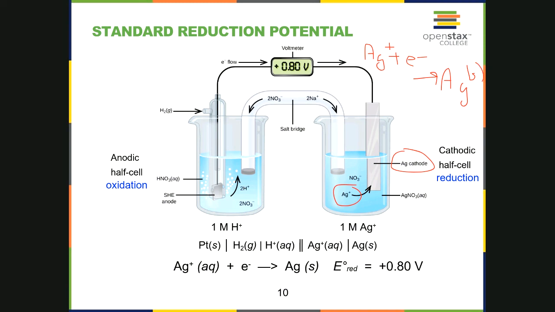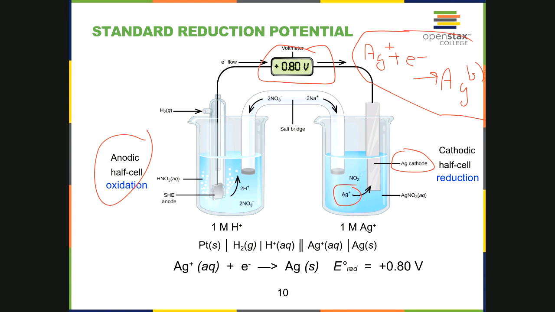So the number that we're seeing here at the top, the positive 0.8, is because of this reaction only. Because as we were discussing there, the other side where we have the hydrogen electrode, its potential is 0. So the number that we're viewing is just for the silver electrode.